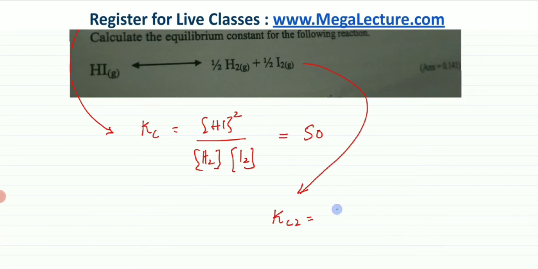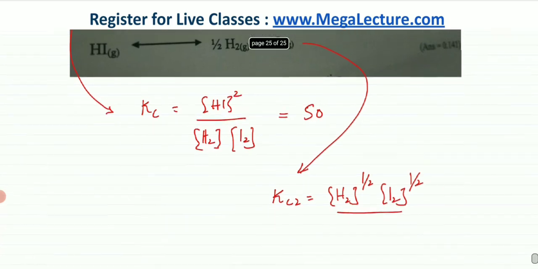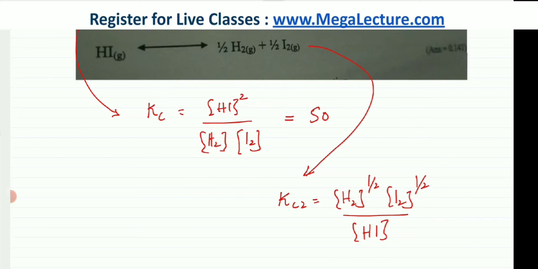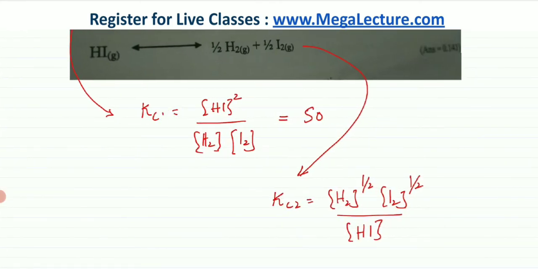The expression would be H2 concentration, and that's my product, and the power is going to be half, into I2 concentration, and the power for this is also going to be half, and you're going to divide that by the reactant, which in this case is HI concentration. So let's call this one Kc1 and this one Kc2.